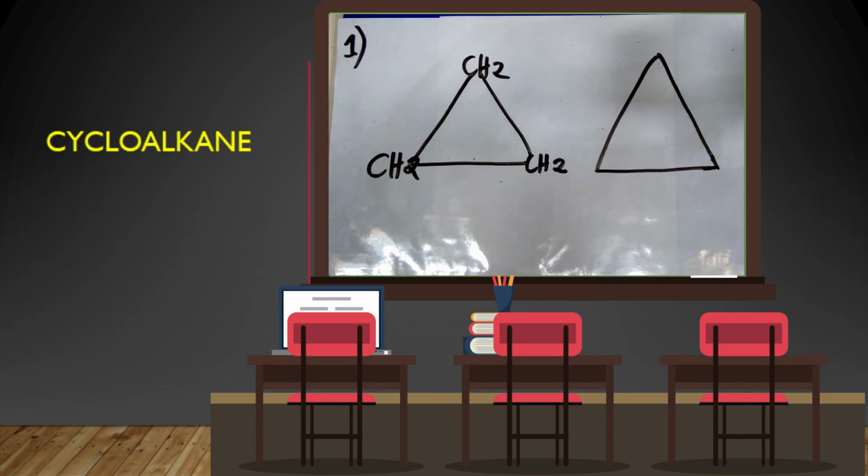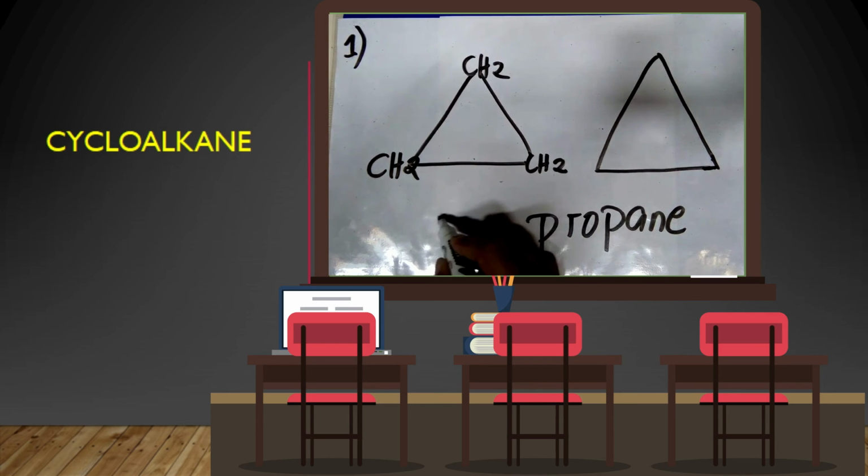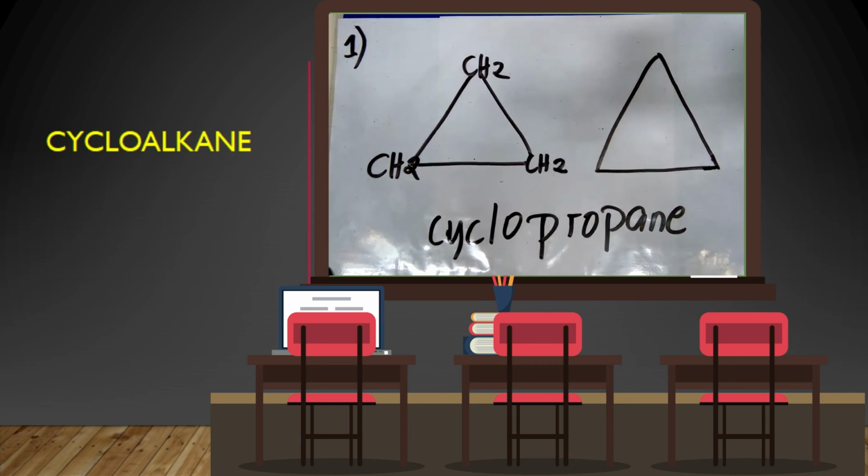It contains 3 carbon atoms. So, 1, 2, 3. So, the stem is propane. The name is propane because it contains single bond. And we will use cyclo here. So, the name of this structure here is cyclopropane.